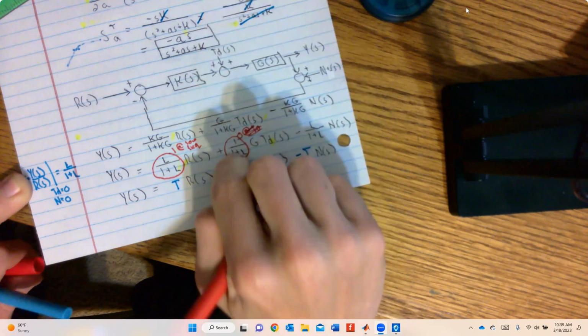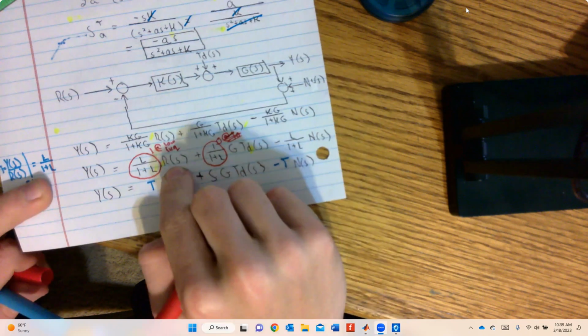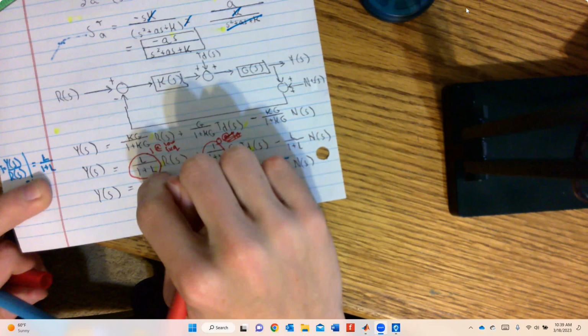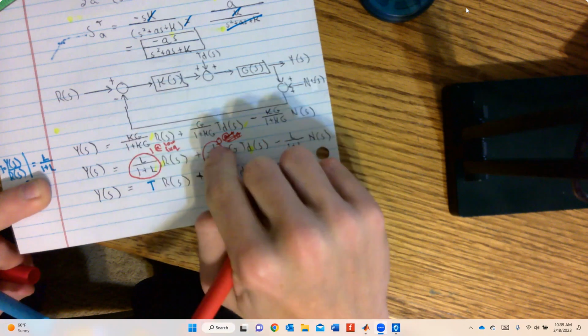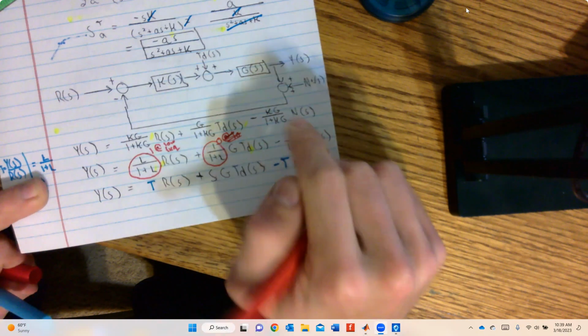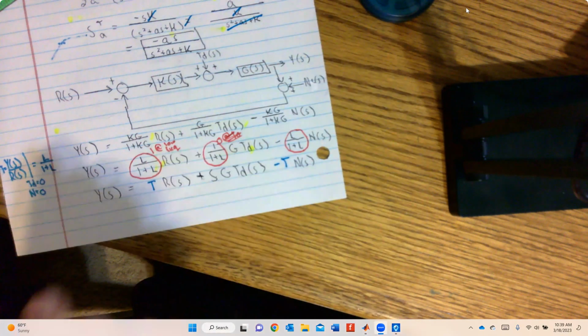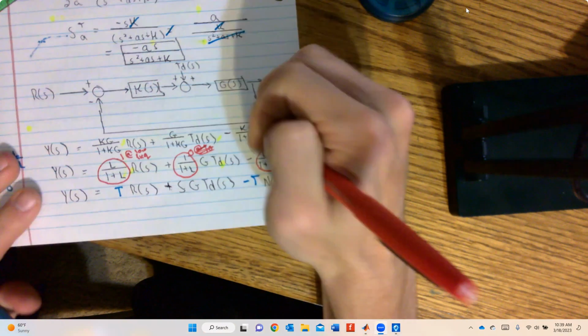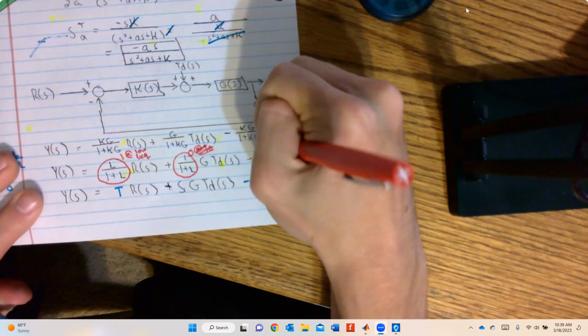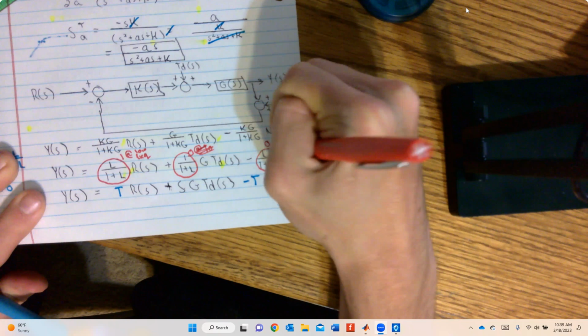But notice that our noise, we want to make sure our input matches our output, so we want this to be 1. We want to get rid of this term, so we want this to go to 0. But notice that our noise term is exactly the same as our input. So we want this to actually go to 0 at high frequencies, because at high frequencies, that's when our noise occurs.